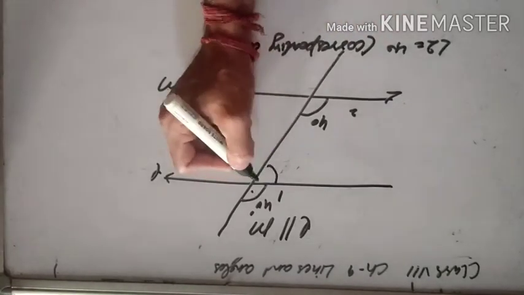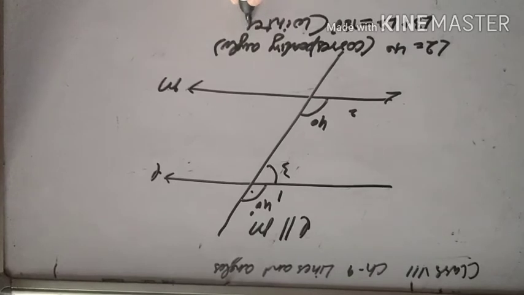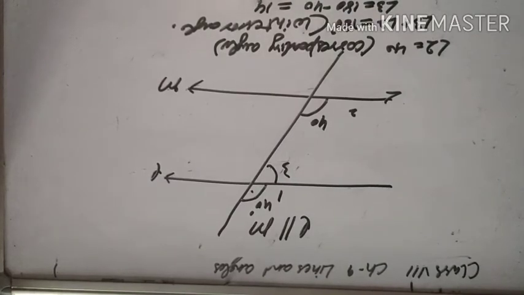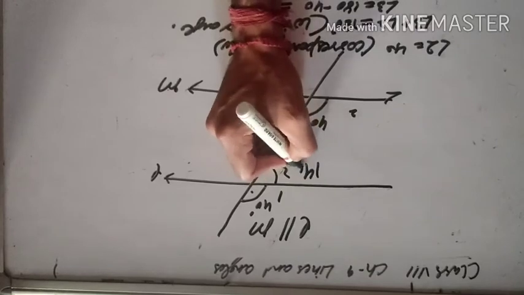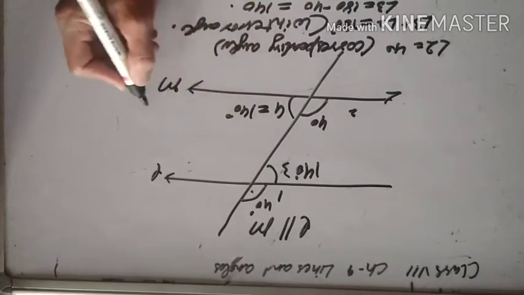Angle 3 plus angle 2 is equal to 180 degrees, co-interior. So angle 2 is 40, angle 3 is equal to 180 minus 40, which is 140. This is 140. Now angle 4 is also 140. Reason?